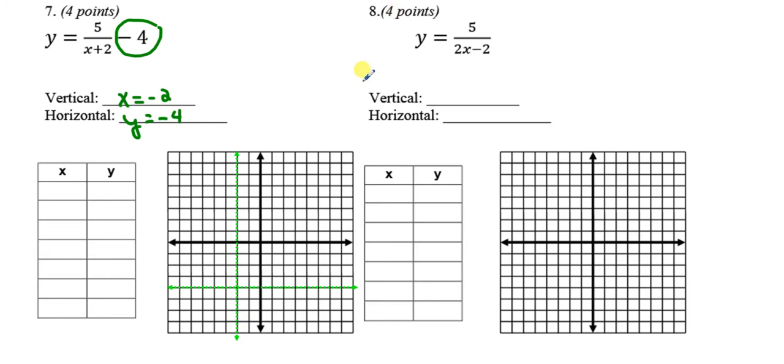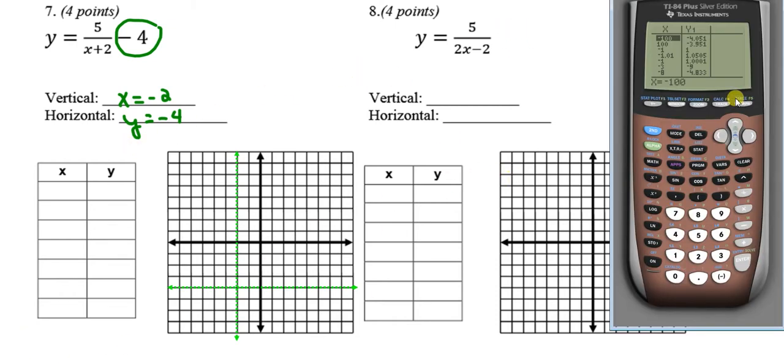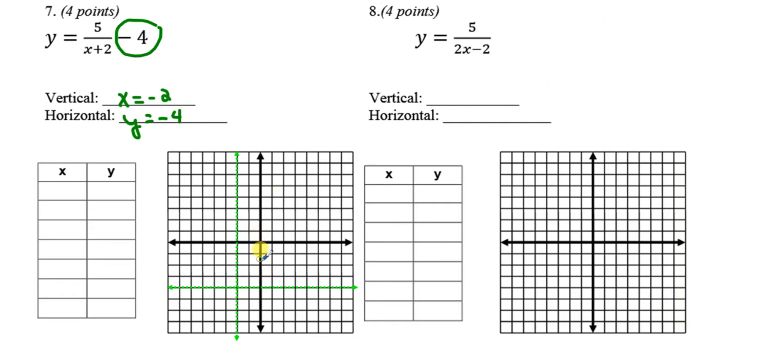And let's go back to my mouse, and if I have my calculator here, I want to plot some points, and I already know the graph's going to be right up here and right down here, but just to make sure, let's put in a couple of points. Let's put in 0, negative 1.5.